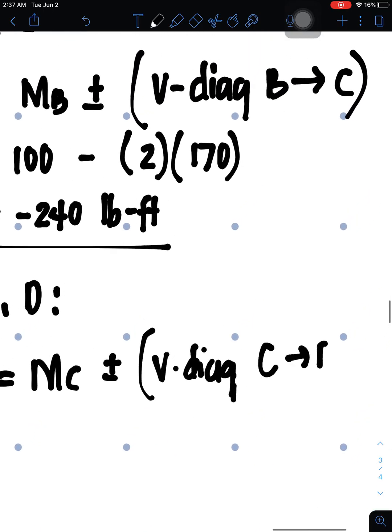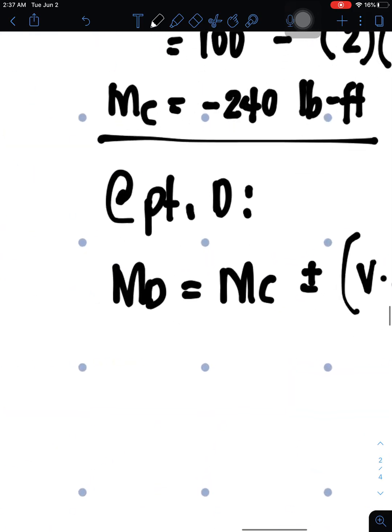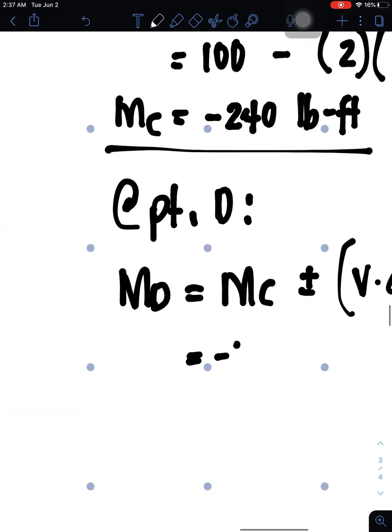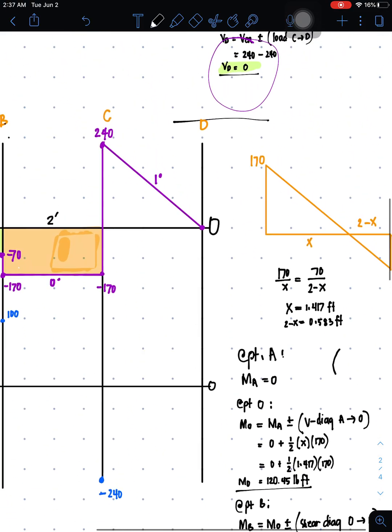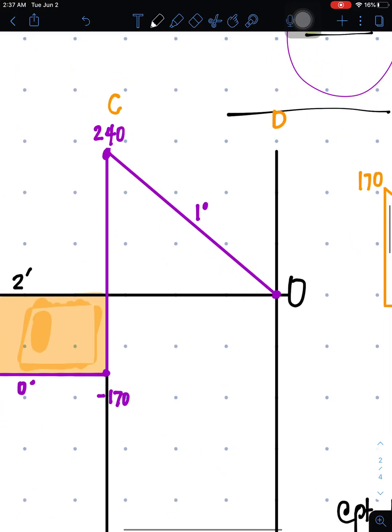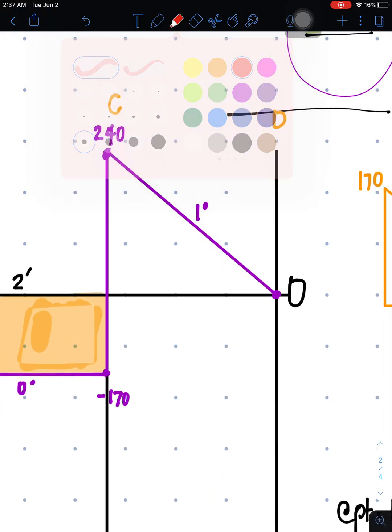between C to D. So copy the previous value, which is negative 240, and then the shear between C to D, this one. This is the area, no?